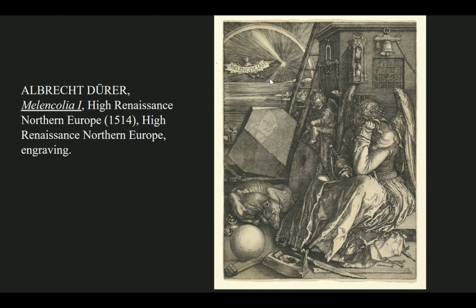And so Melancholia 1 is the artwork that I really want you to know. And one of your assigned resources is a video, which I think just does an excellent job at highlighting all the many symbols throughout this image.